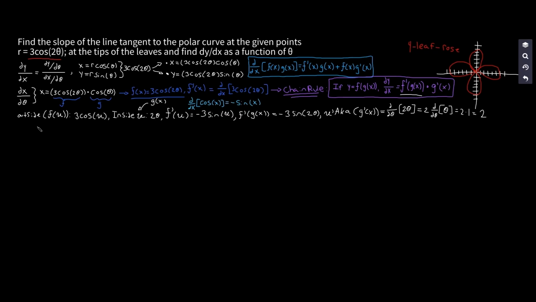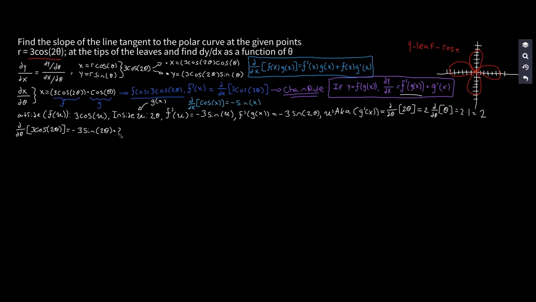And so what that means is that the derivative with respect to theta for 3 cosine of 2 theta equals negative 3 sine of 2 theta, all right, times the derivative of g prime of x, u prime.